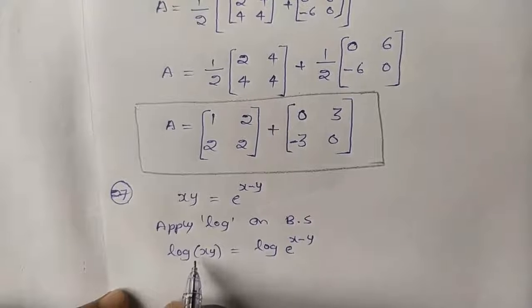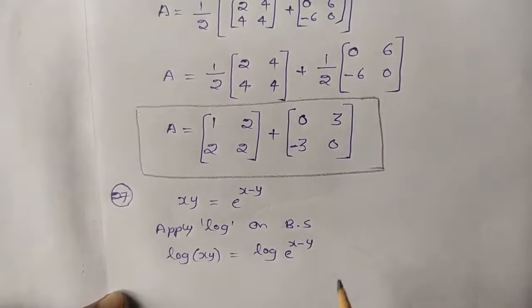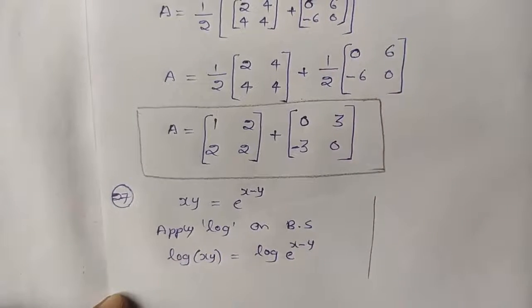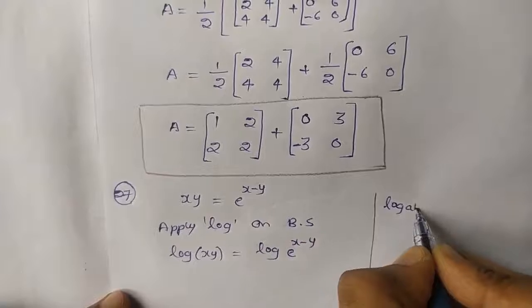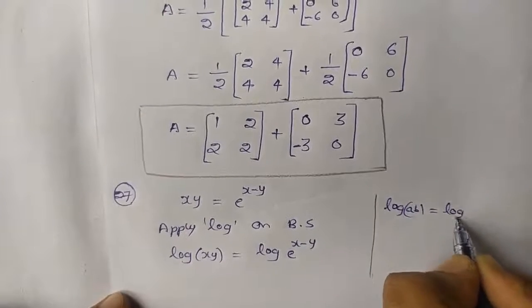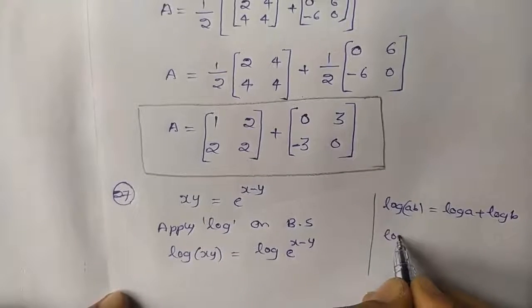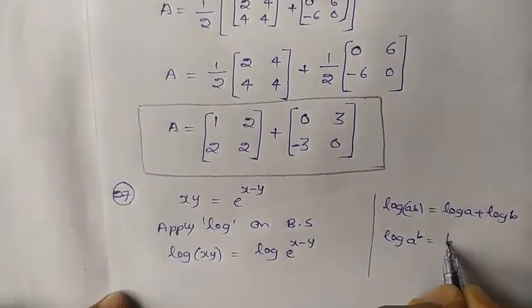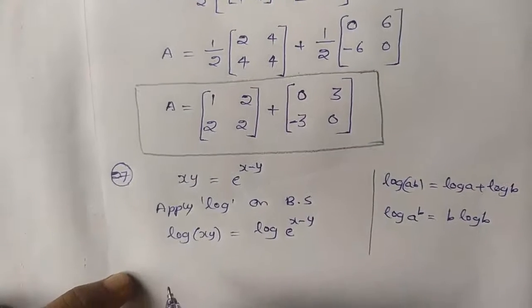By using the log functions we have some basic formulas. Log of ab is log a plus log b. Log of a power b is what? b log a. Let us apply these two in this problem.